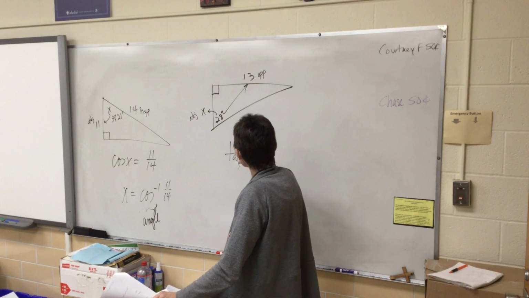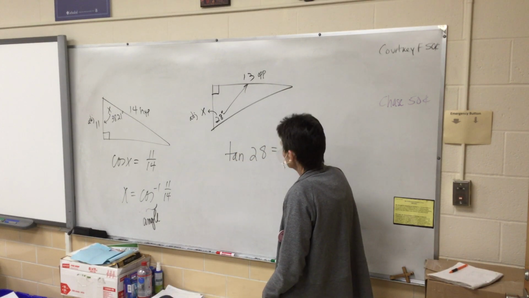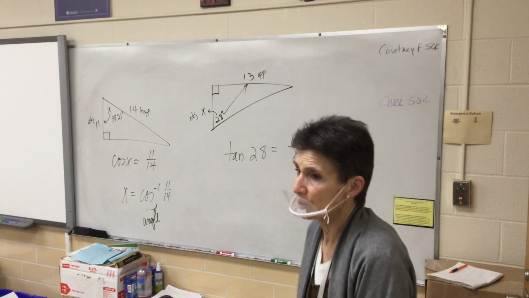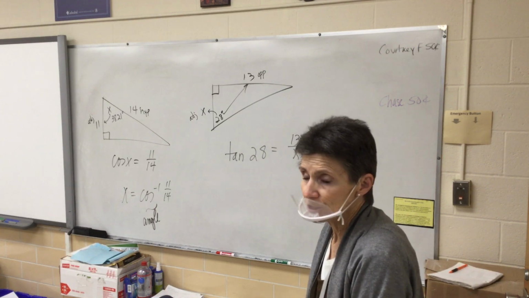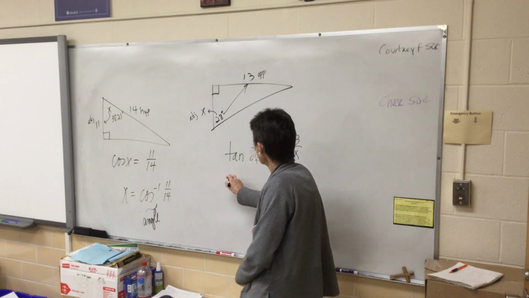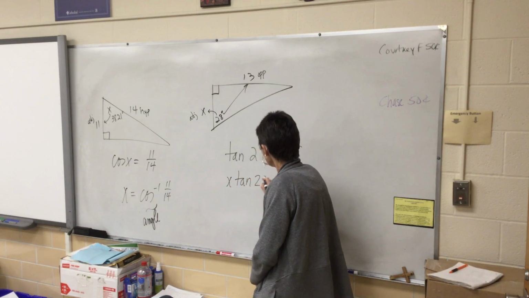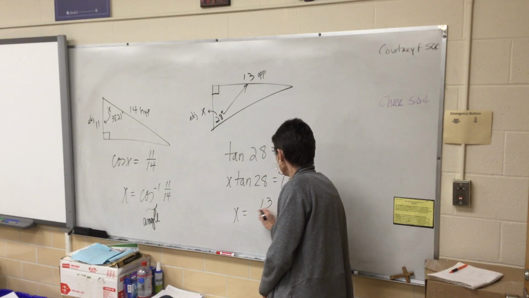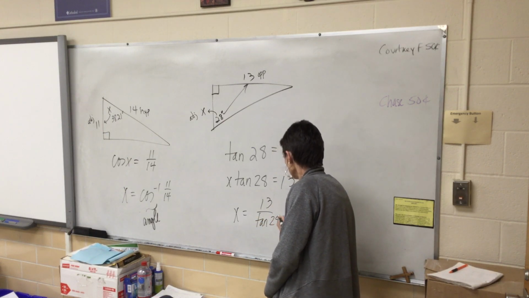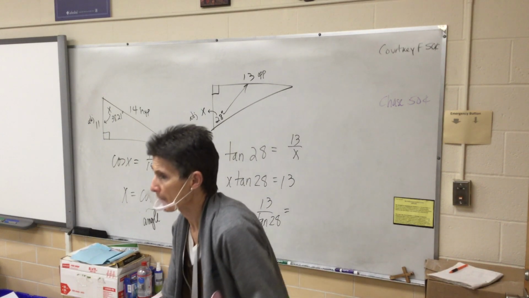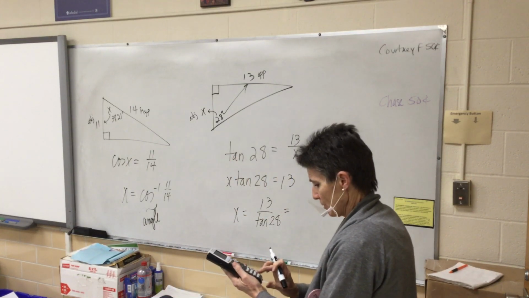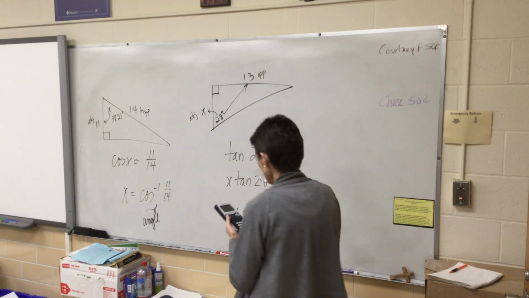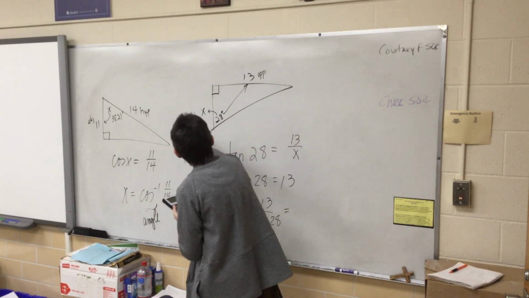So tangent 28 equals x over 13, opposite over adjacent. So we'll multiply by 13 and divide by tan 28, and x is 24.45.